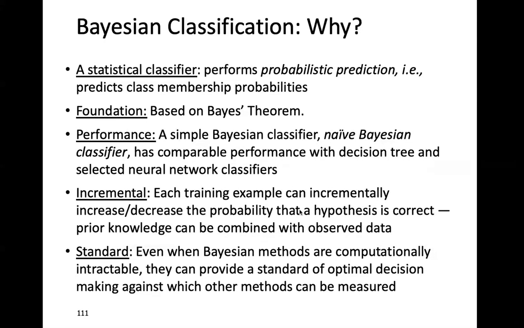Bayesian classification is good in the sense that as you get more data, you can improve your hypothesis, and each of these data items can be used to increase or decrease the probability that the hypothesis is correct.